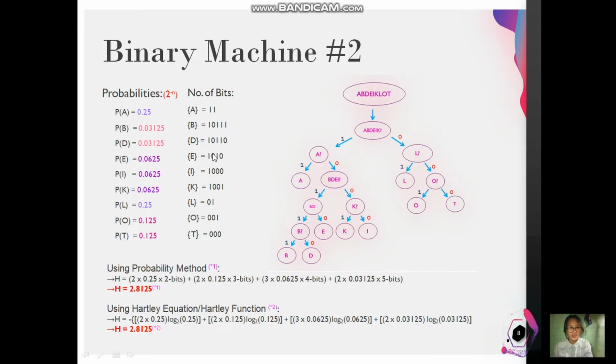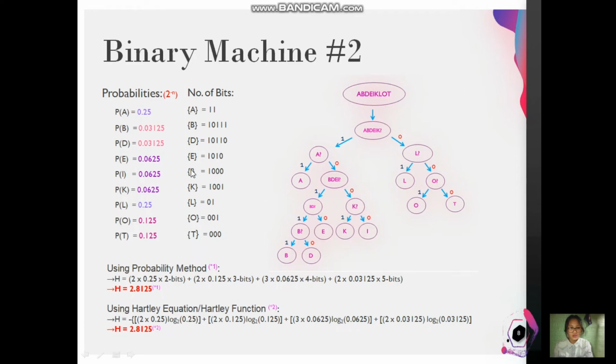For letter D, it is 1, 0, 1, 1, 0. For letter E, it's 1, 0, 1, 0. That is 4 bits. So 2 raised to negative 4 is equal to 0.0625.